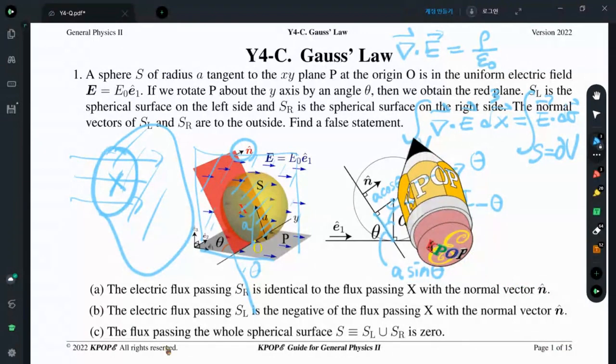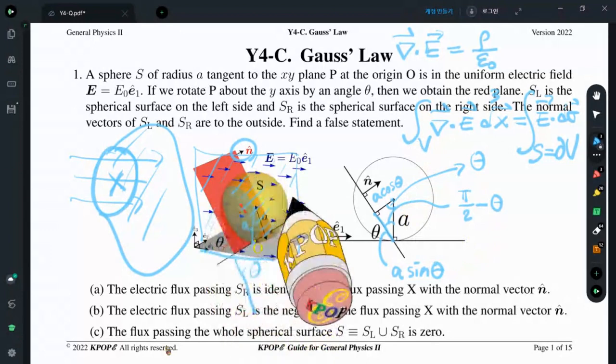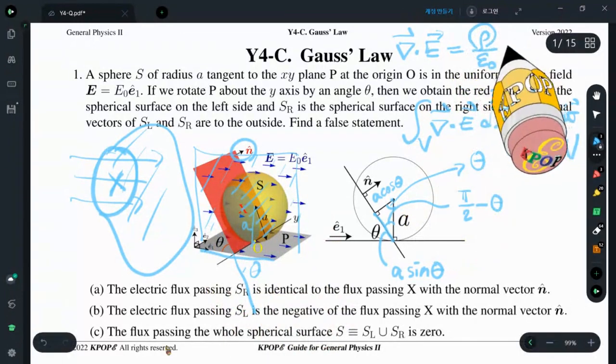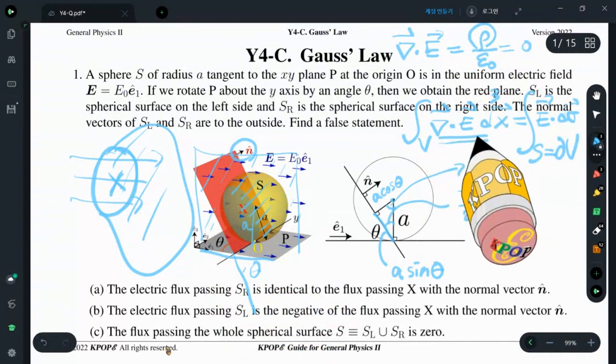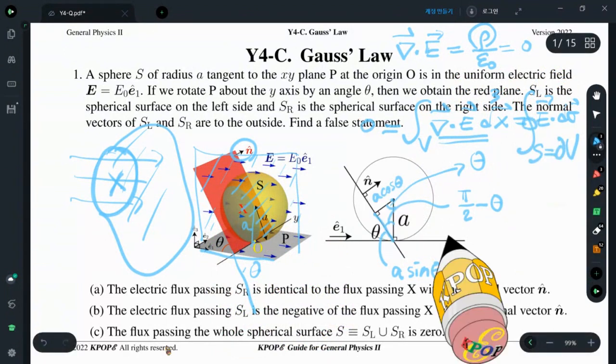The problem is that there is no charge distribution inside the sphere. Therefore, rho equals 0. So the volume integral on the left-hand side is exactly 0. And this is a closed surface.